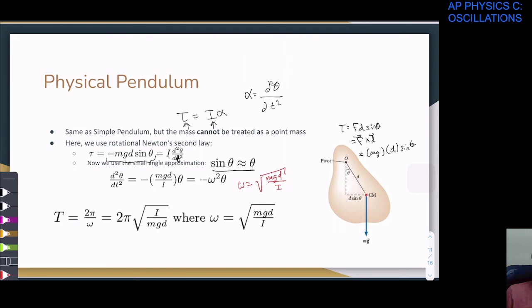And all the laws that we just derived from the first couple slides still hold. So we can still use the same differential equation. Our period T is still 2 pi over omega, where omega is this over here. So just by these small little things, we're able to derive the period of some oddly shaped mass and how it can act as a pendulum.